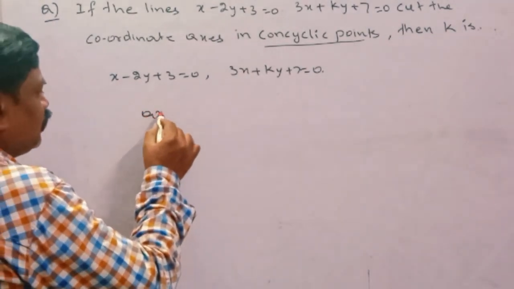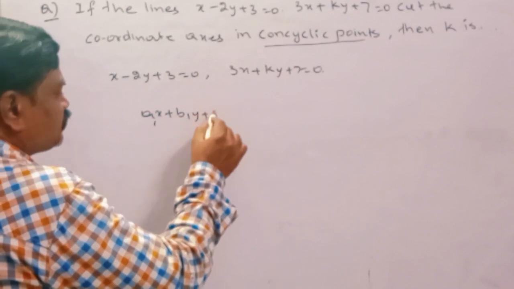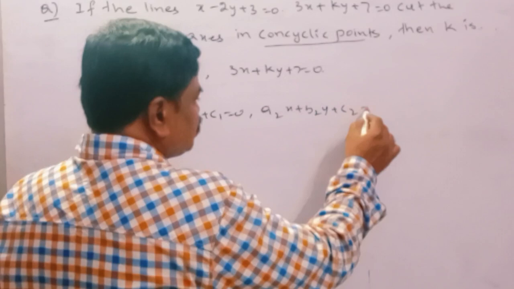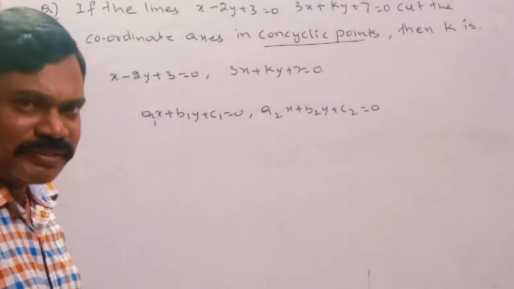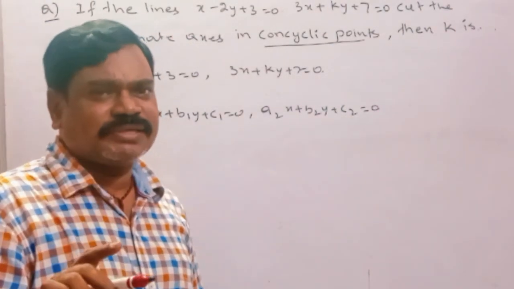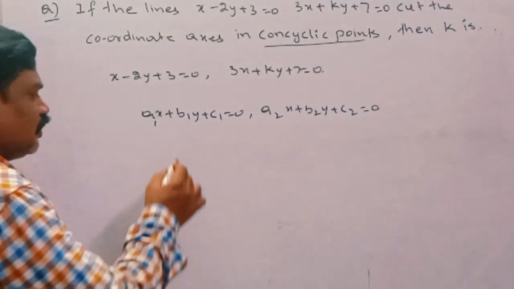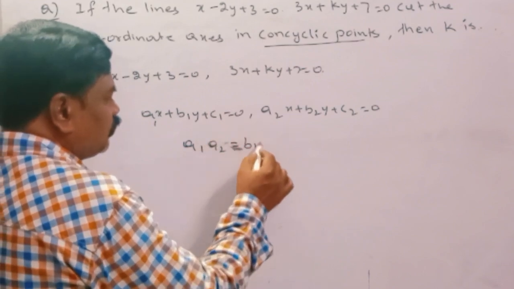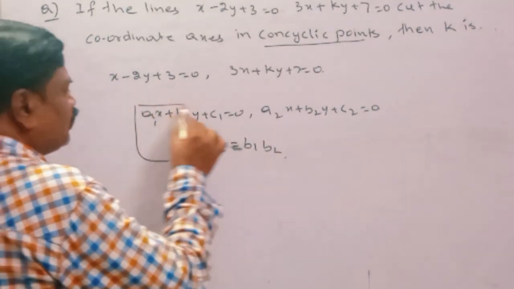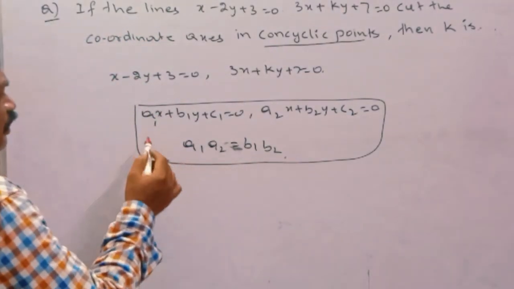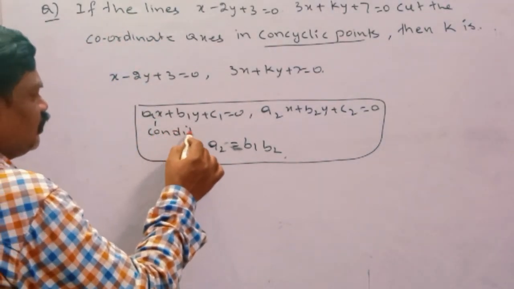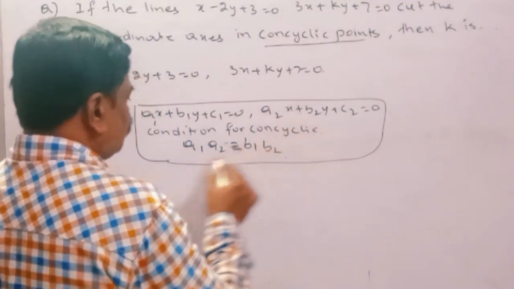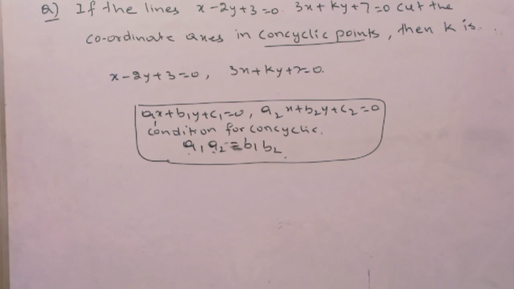We know that if a1x plus b1y plus c1 equal to 0 and a2x plus b2y plus c2 equal to 0 cut the coordinate axes at concyclic points, then the condition is a1a2 equal to b1b2.